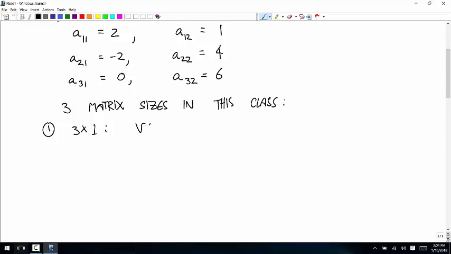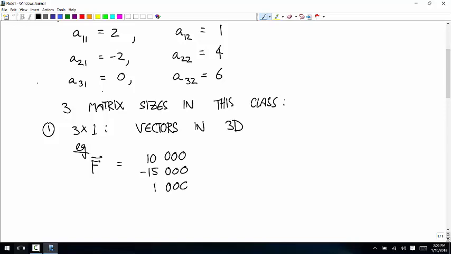This is how we're going to represent vectors in 3D. For example, you could have a force vector of 10,000, negative 15,000, 1,000 with units of newtons. We'll talk about this steadily through this class, but this is a first glimpse at it.